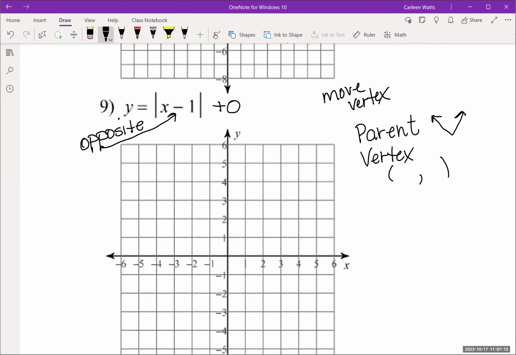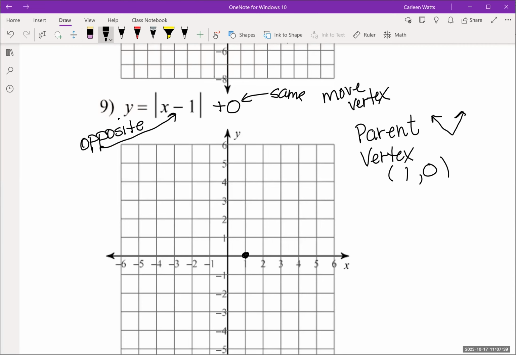So it's going to be +1. Everyone was paying attention to that, right? Inside the absolute value, it's the opposite of that number. Now, the one that's out here is the same. So it's 1, 0.